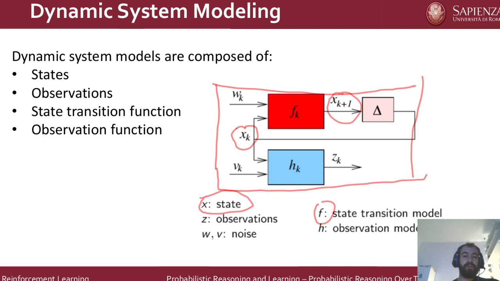So you're seeing here a notation which is typical of control theory. So this notation where x is the state, z is the observation, f is the state transition function, and h is the observation model.